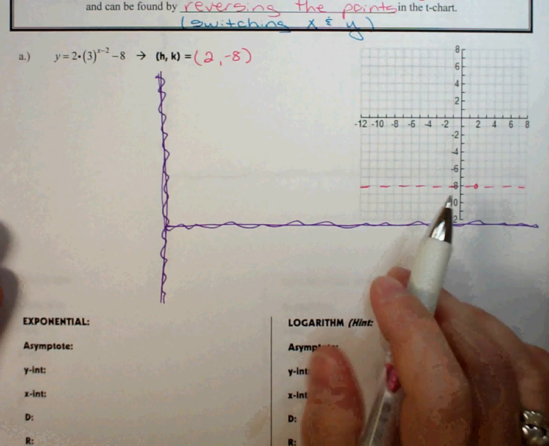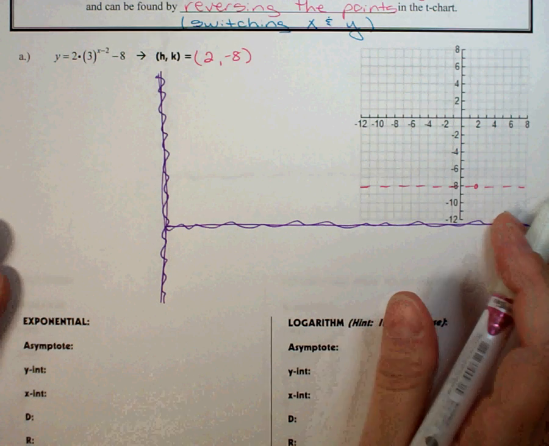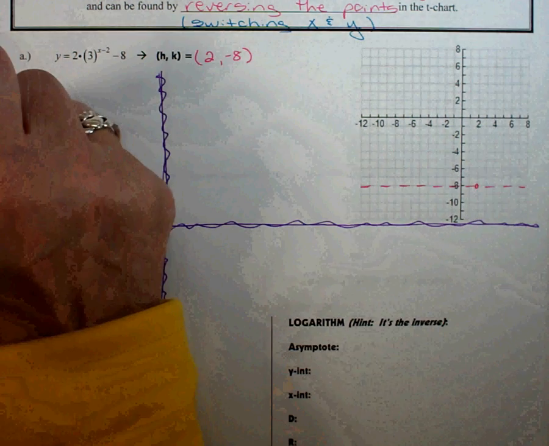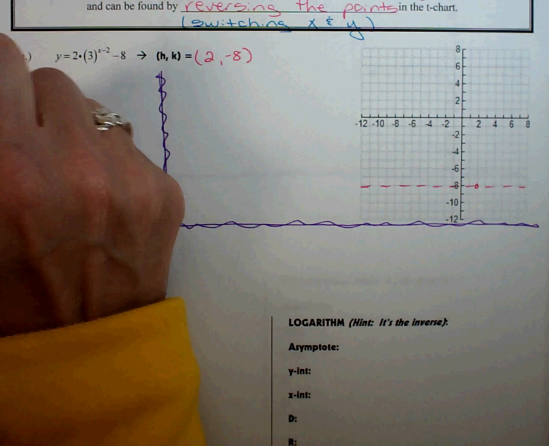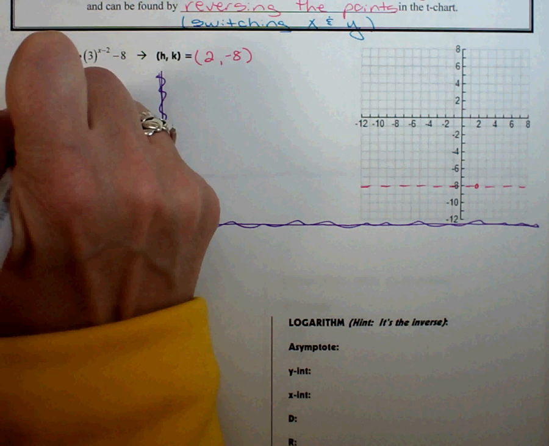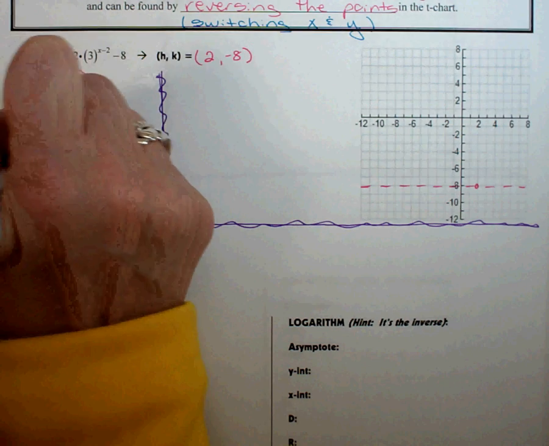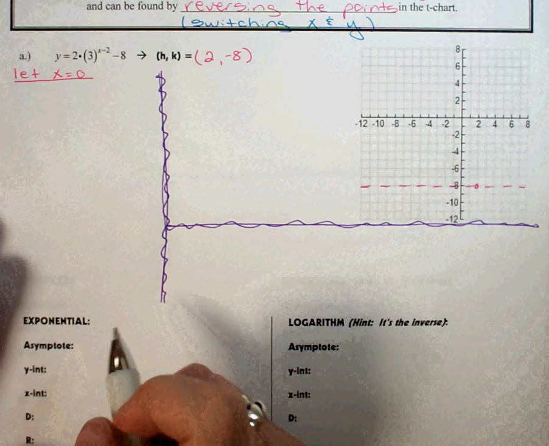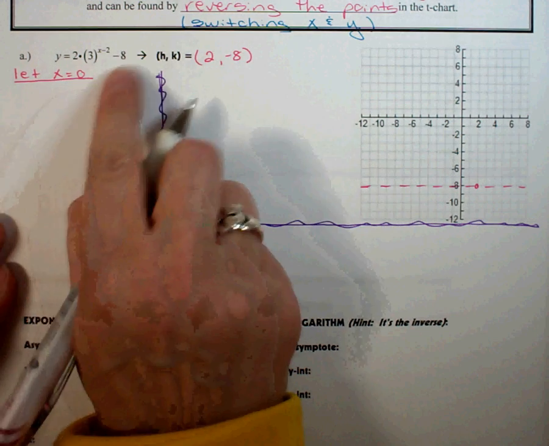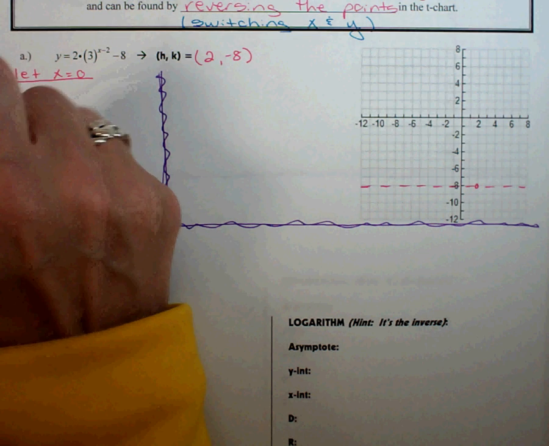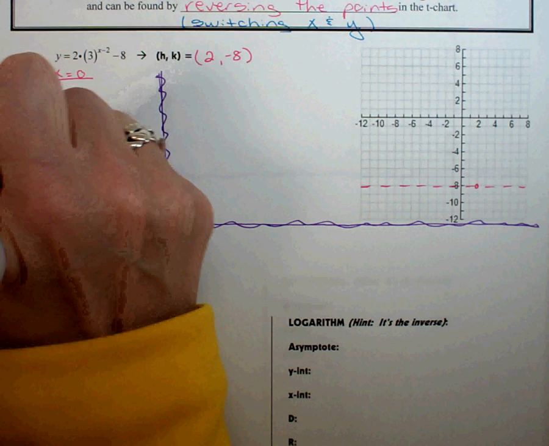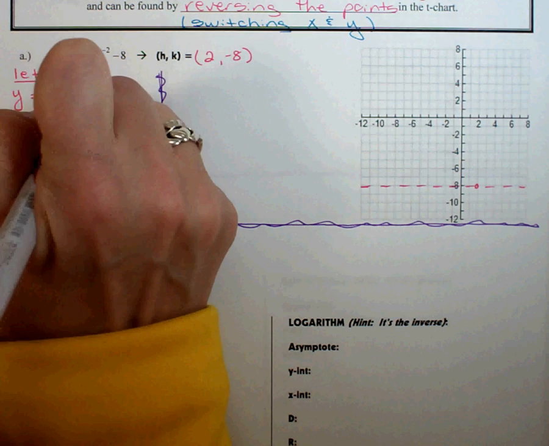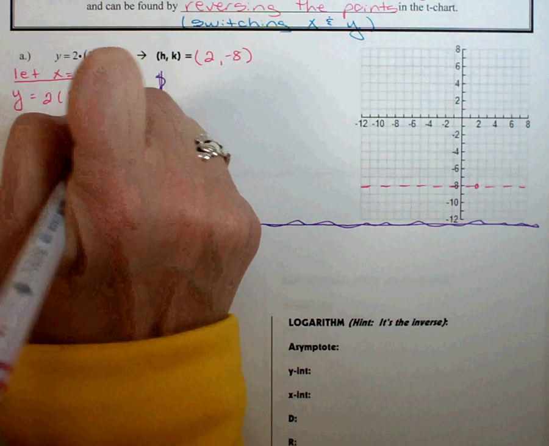The other things that we can do before we jump into actually calculating points is we should realize that we can always calculate our x and our y-intercepts. So if I let x equal 0, that's going to allow me to find my y-intercept. So I'm just plugging into my equation. I have y equals 2 times 3 to the negative 2, minus 8.